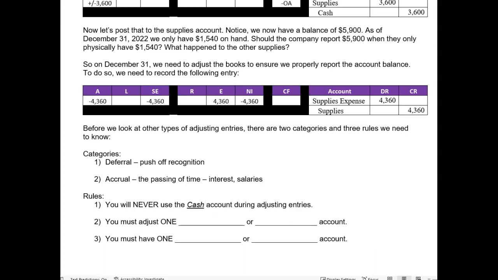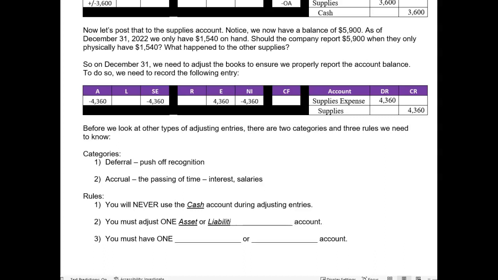So, rule number one, never use cash. If you're recording an adjusting entry and you're using cash, you are wrong. Let me just put it that way. I know it's not right to tell people they're wrong these days, but you are wrong if you have cash in an adjusting entry. The next thing, you must adjust one asset or liability account.